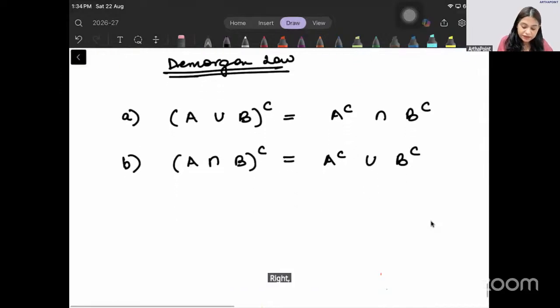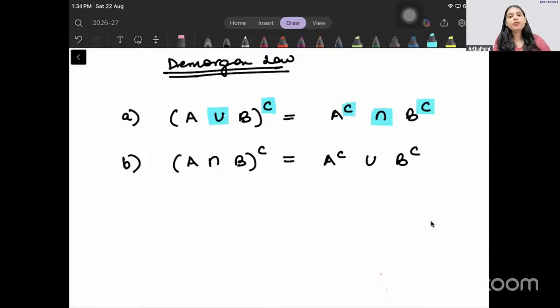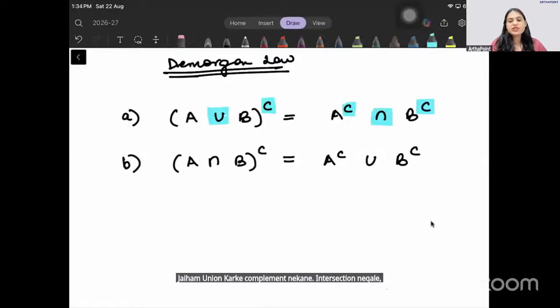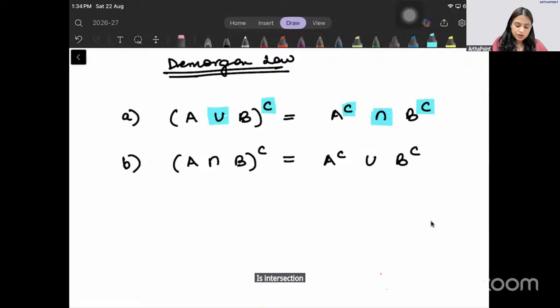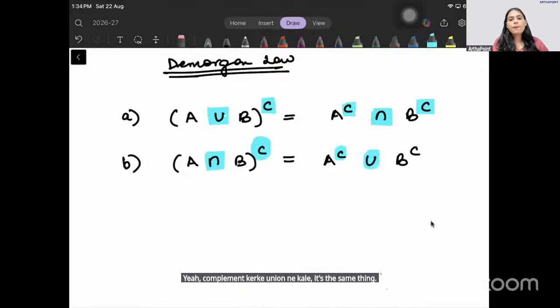Right? In other words, the complement of union is equal to the intersection of complements. Whether we take the union and then the complement, or take the complements and then the intersection, it is the same thing. So we say complement of union is intersection of complements. Similarly, whether we take the intersection and then the complement, or take the complements and then the union, it's the same thing.